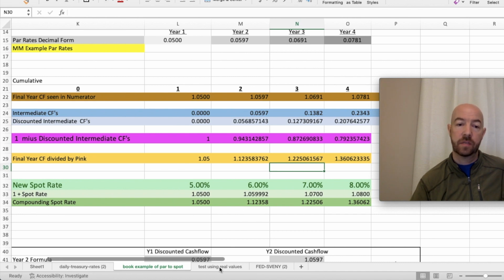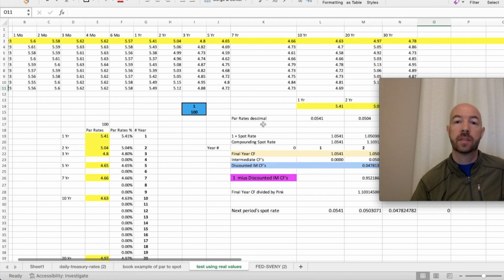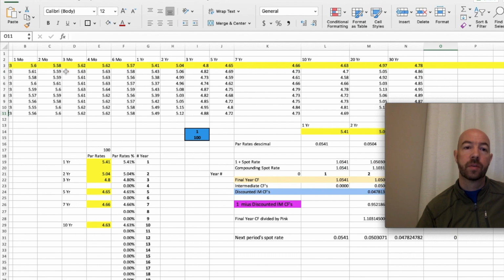In fact, if you try to do that, you'll realize that par rates are typically only given at key rates. 1 month, 2 month, 3 month, 4 month, 6 month. That's fine, I don't need any of those. But I need the 1 year, the 2 year, the 3 year. And then it skips to 5, 7, 10, 20, and 30.